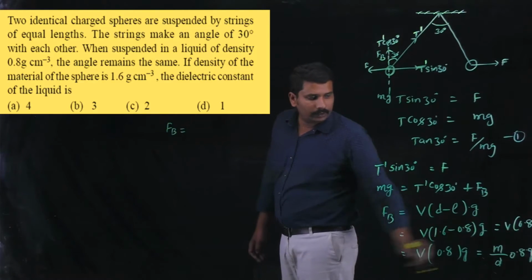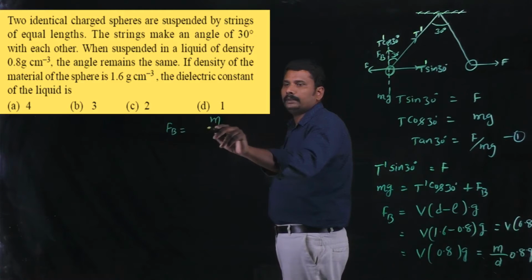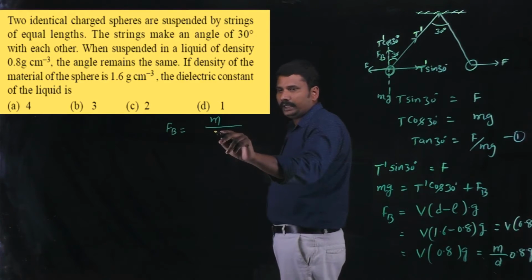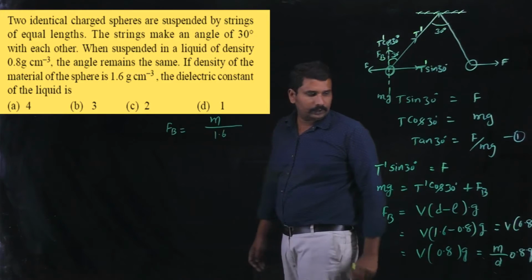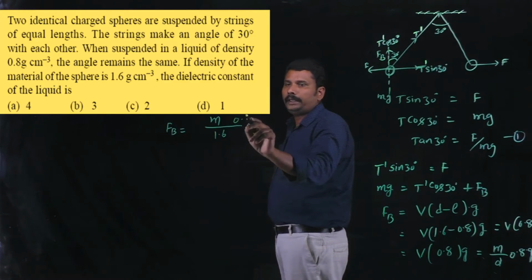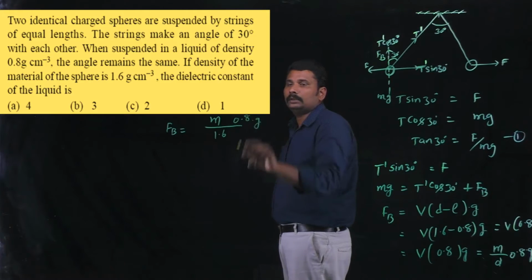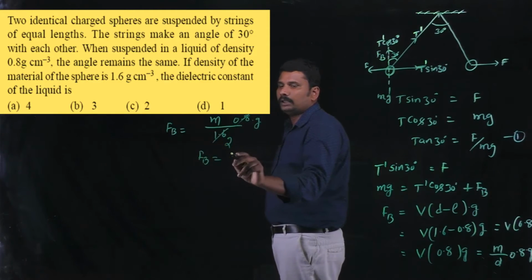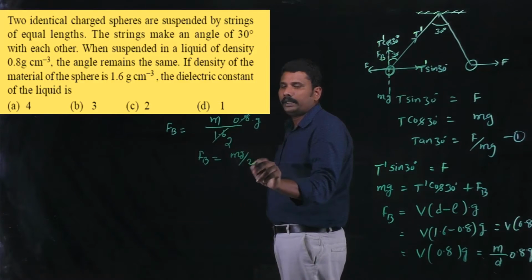Here the density of the material is 1.6. By cancelling this, we get the buoyancy force as mg by 2.